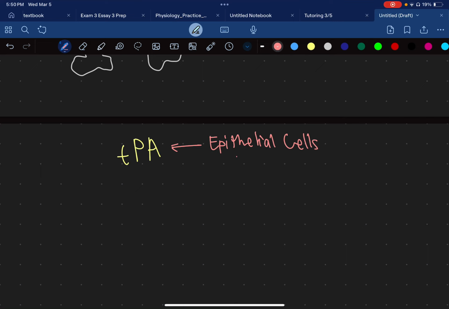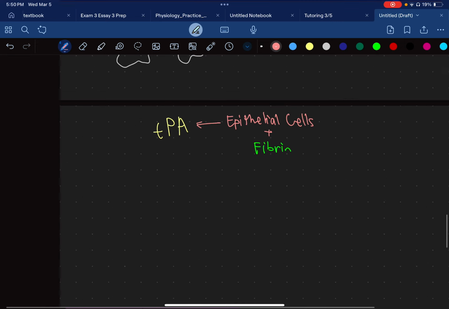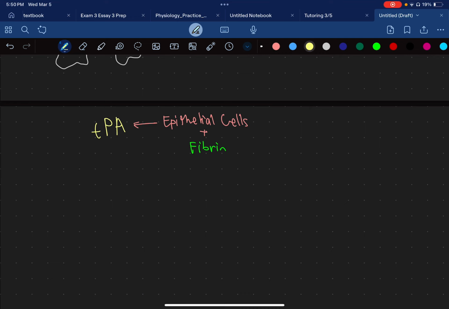So, epithelial cells plus fibrin is going to turn on TPA.